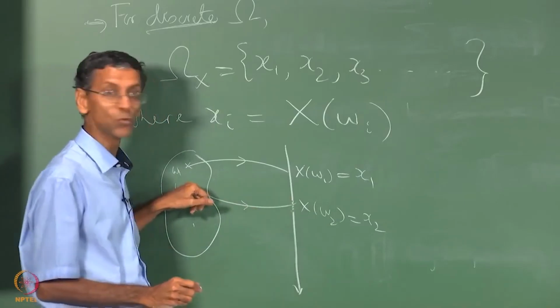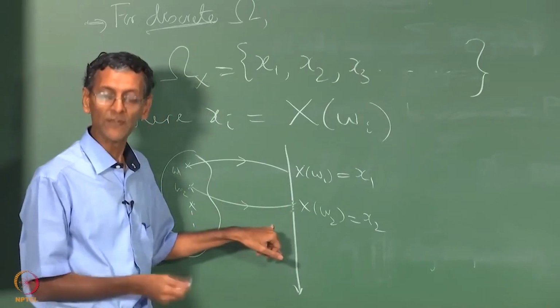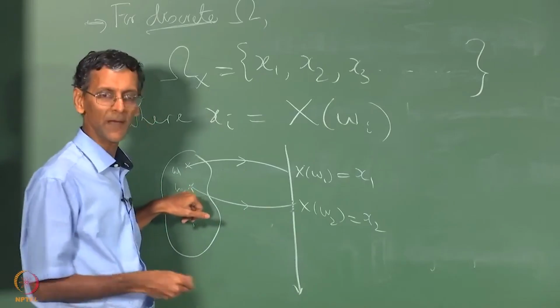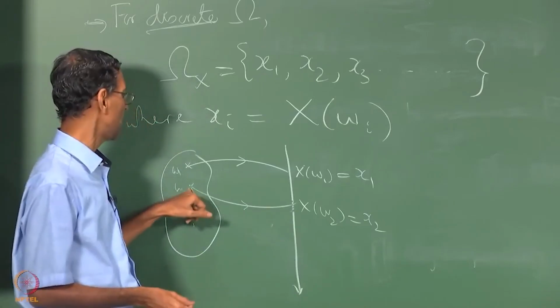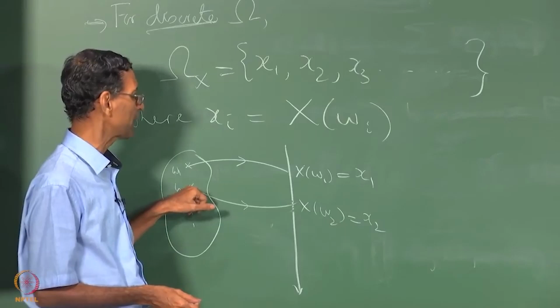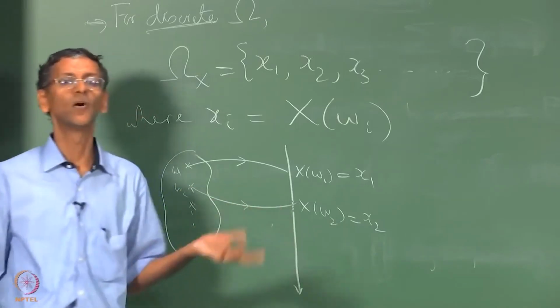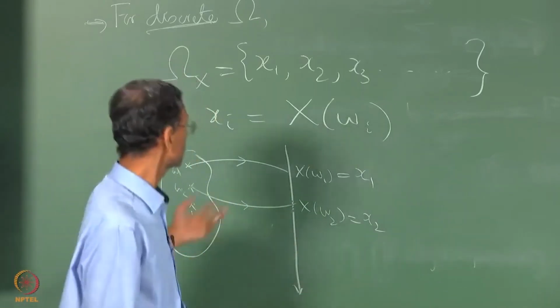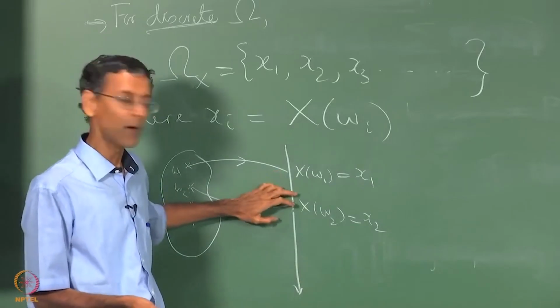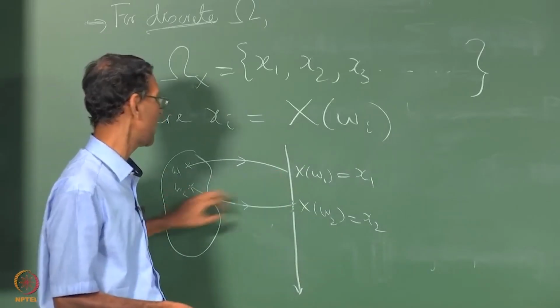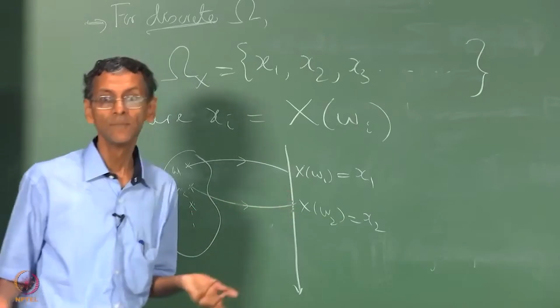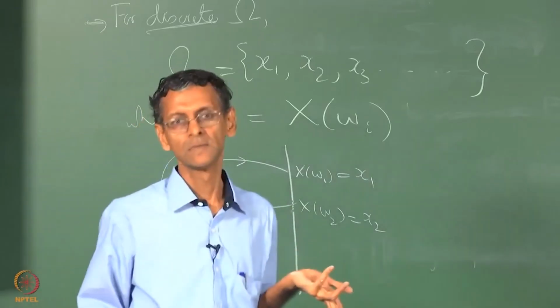So you can't map this to 2 points here. For a given random variable, mathematically you are prohibited from saying that capital X of omega 2 is both x2 and x3, that makes no sense. But you can have multiple points omega i mapped to the same x, that is perfectly okay.